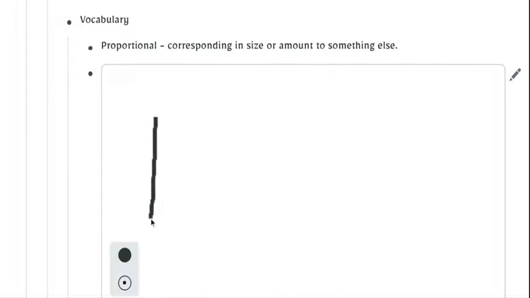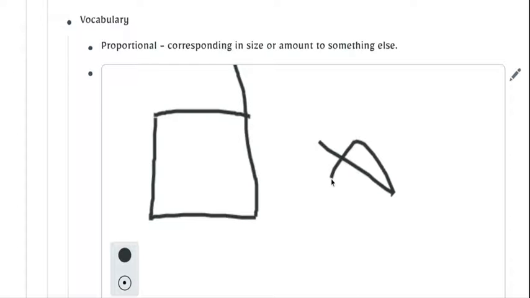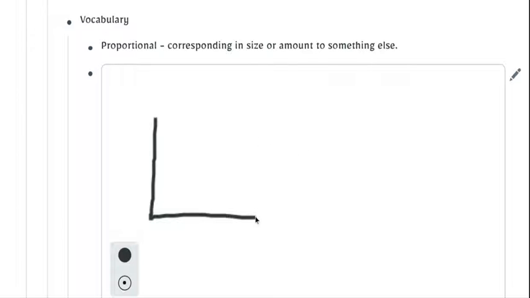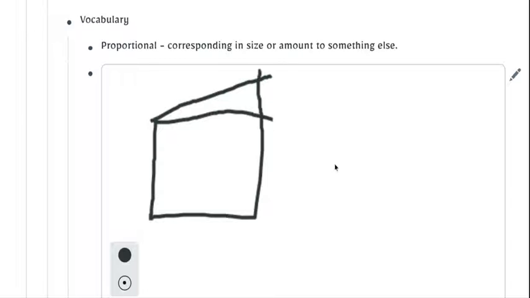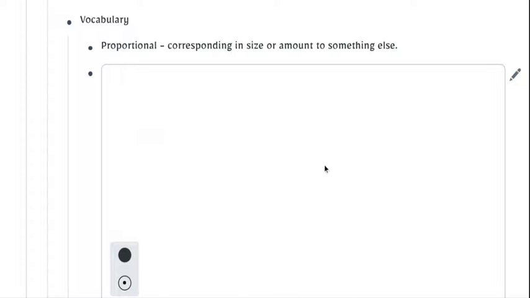If you're drawing a line here, at no point in time should the opposite extent be longer than this. This would not be a proportionate drawing. It's not proportionate if you have a length or a side that's longer than the other one. So it must be corresponding to size. That's what proportionate really means.